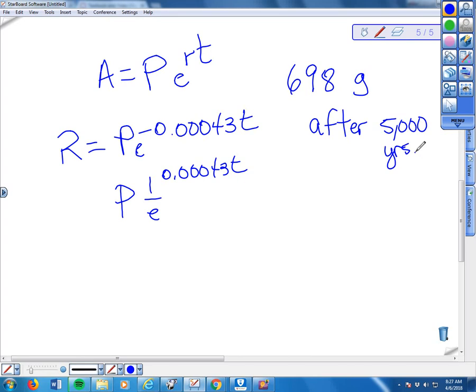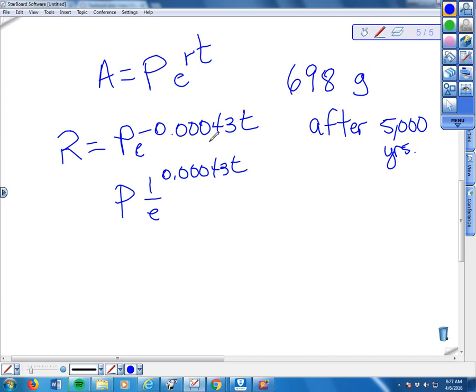What did it start at? So what number are we looking for in this equation, A or P? P. P is the amount you start with. A is the amount you end up with. They give us A. They say there's 698 grams 5,000 years later. How much did you start with if it decays at this rate?